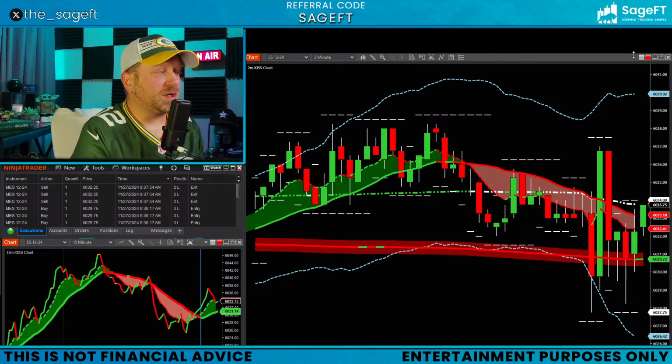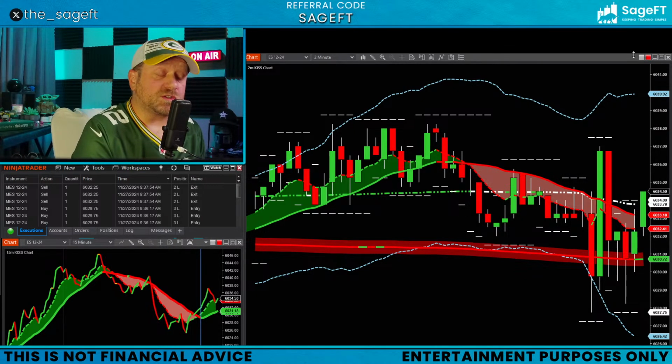One minute till this bar closes on the 15-minute chart. It'll be the first 15-minute opening range. What do they do with it, right? There's a lot of traders that watch the first 15-minute ORB. ORB means opening range breakout.